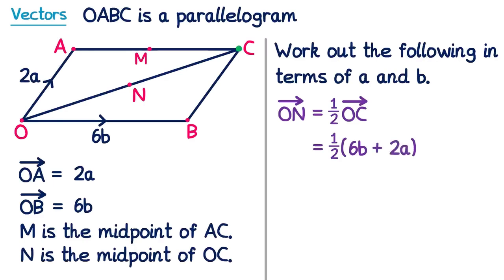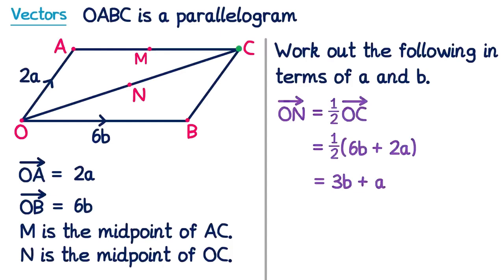So we've now got half of 6B plus 2A. And for this you can just expand the bracket just like you would with algebra. Half of 6B is 3B, and half of 2A is 1A. So ON is 3B plus A.